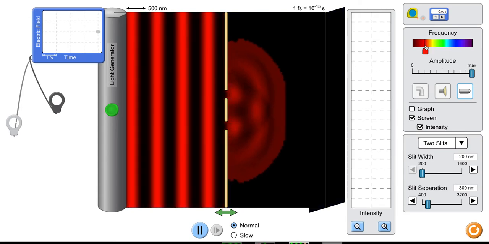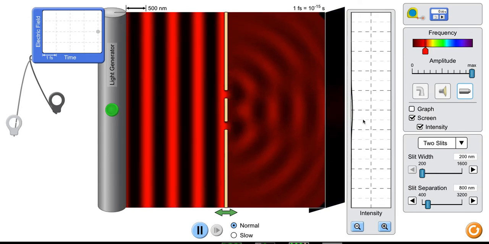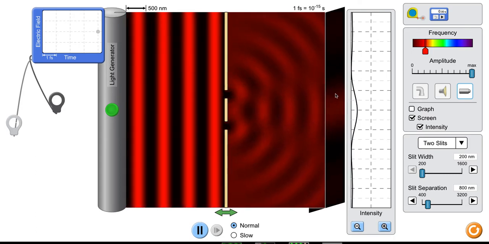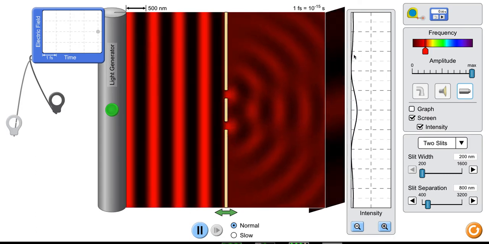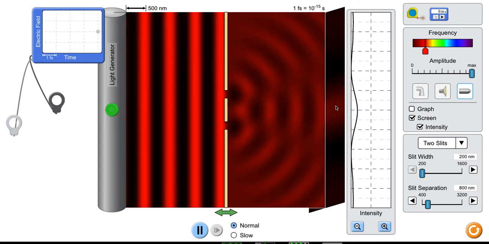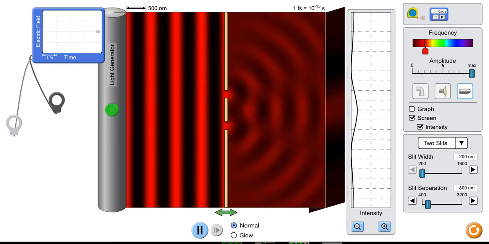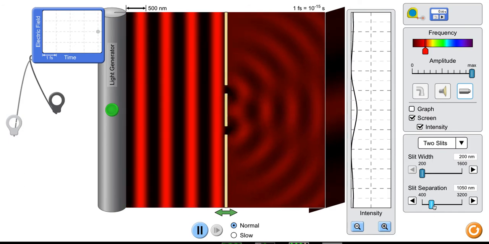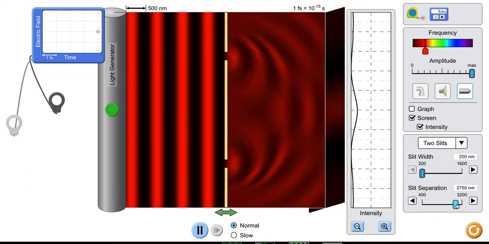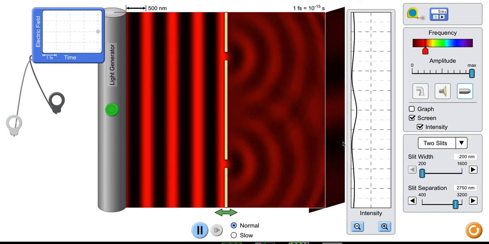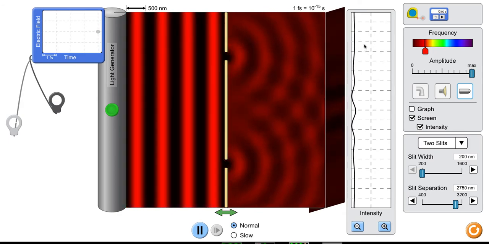Again, we can change the frequency, just see what this does, and you'll notice that it changes the distance between the zeroth maximum and the first order, this bright part. And if we change the slit separation, that will also change how our pattern looks.